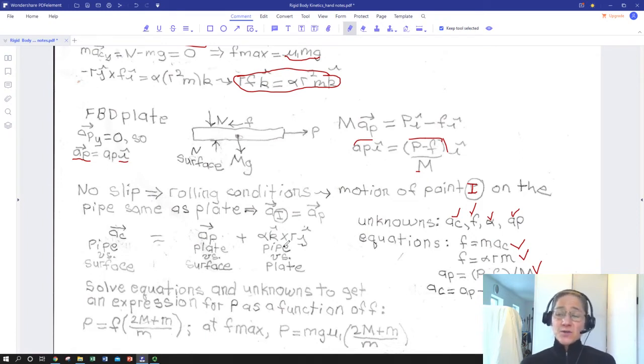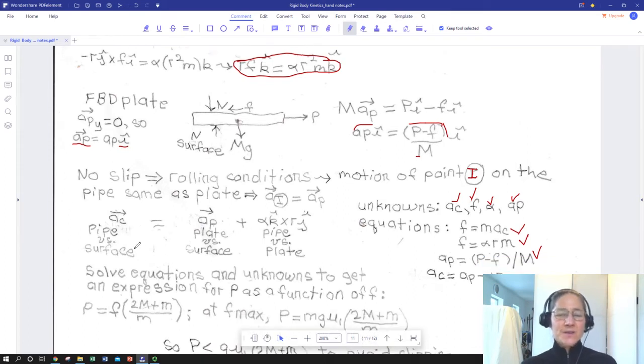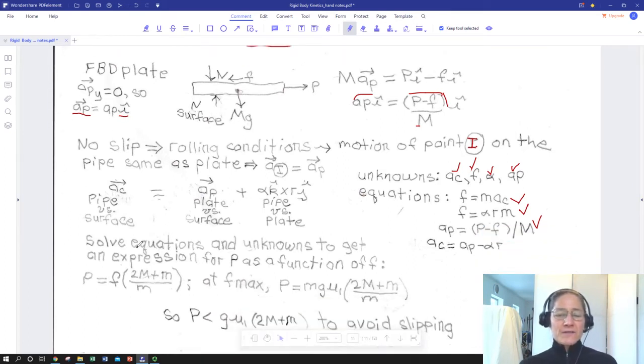But we have to put those two together to understand how the pipe is moving versus the surface. And that's going to help us get our last expression relating all of our unknown variables, from which we're going to get a relationship for P versus F using rolling criteria. So that's how we invoke the non-slipping.